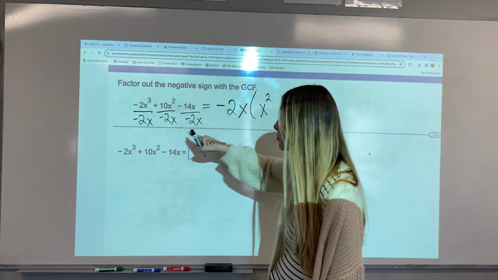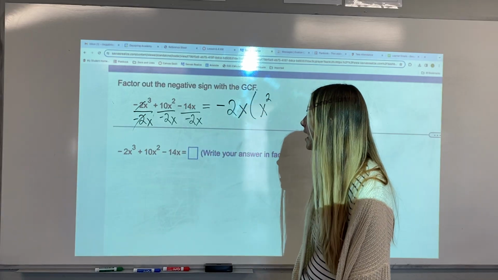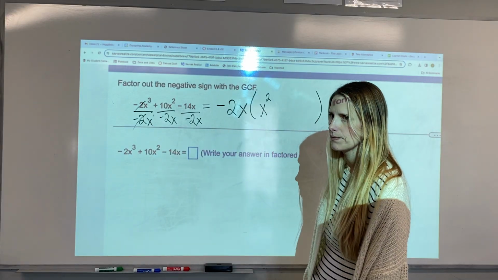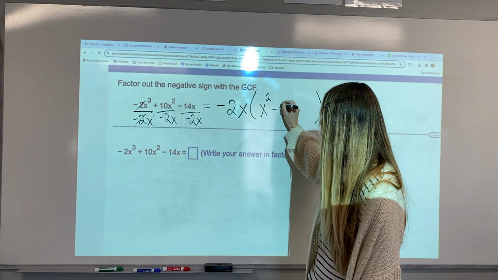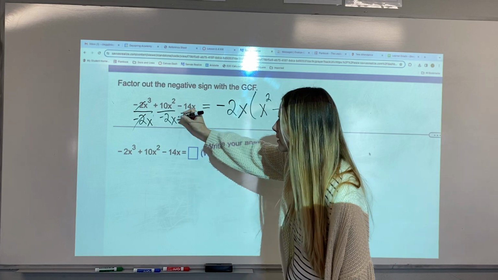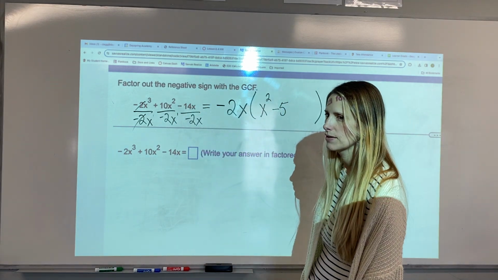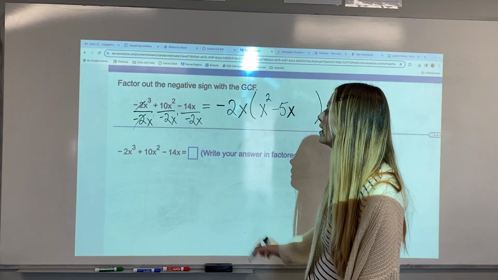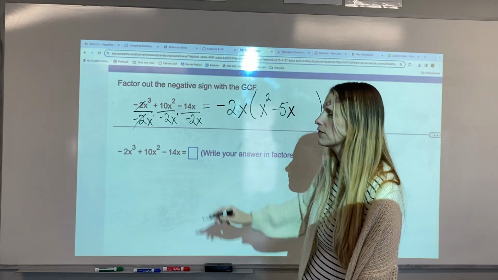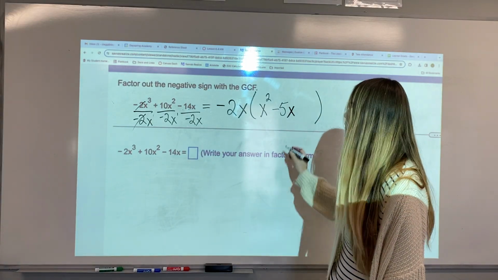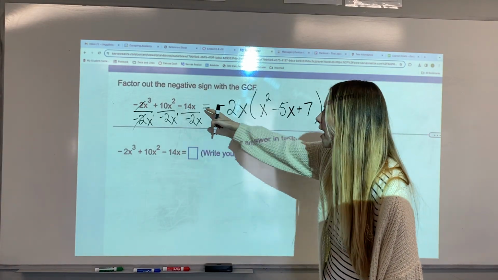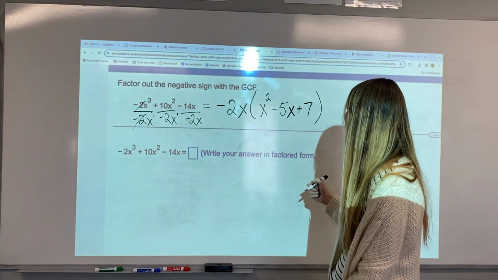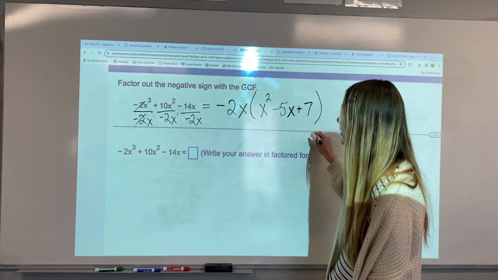Where's my coefficient? Remember, it got canceled out. Next, +10 divided by -2. What is it? Good. X squared divided by x, or divided by x to the first. X to the first, which we'll just write as x. No need for the first power. -14 divided by -2. +7. X divided by x is 1, so it cancels out. And that's my final answer.